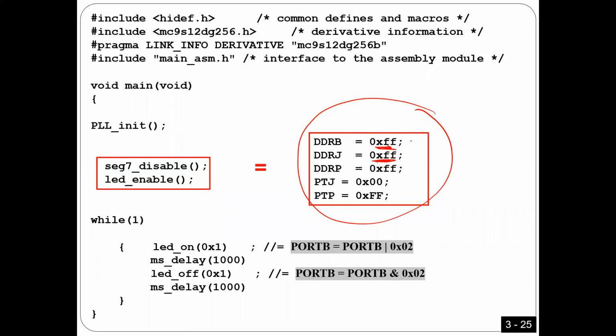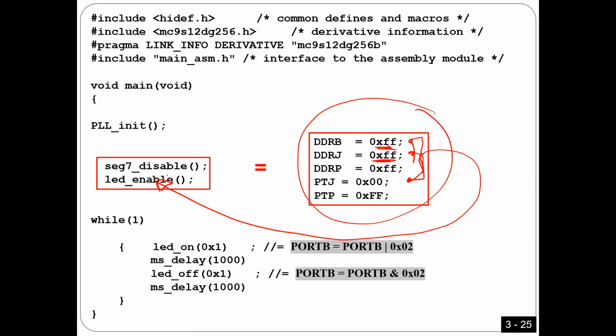Look at this one, and this one, and this one. These three, 1, 2, 3. The first two, I have to configure port B and port G as output, and here I have to put 0 in port G in order to enable LEDs. You know, guys, these three instructions are already in this function, LED enable. You see what I'm saying?